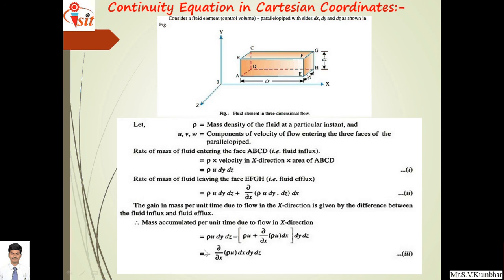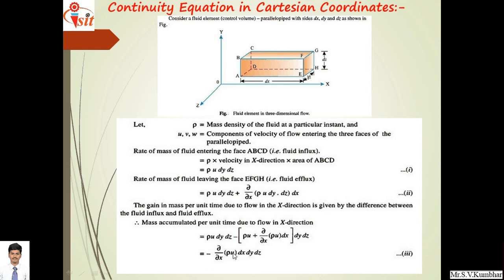So mass accumulated per unit time due to flow along x direction is minus dou of dou x of rho u dx dy dz. Similarly, we can calculate mass accumulated per unit time due to flow in y direction as minus dou of dou y of rho into v, right?